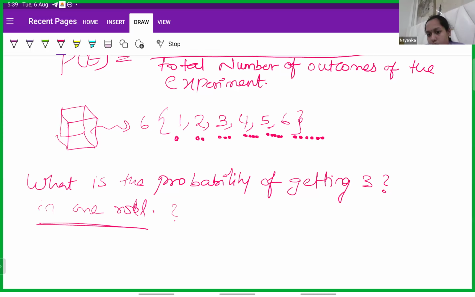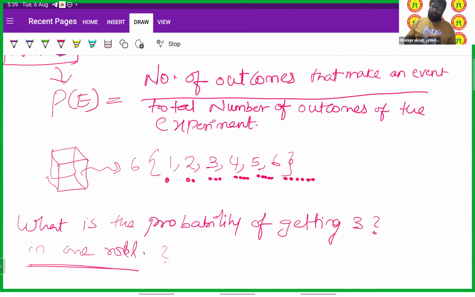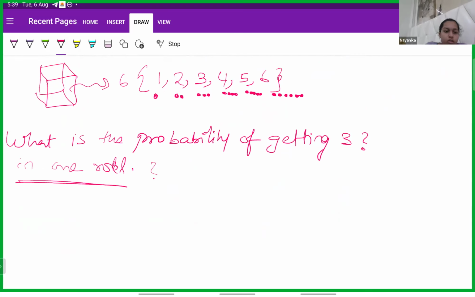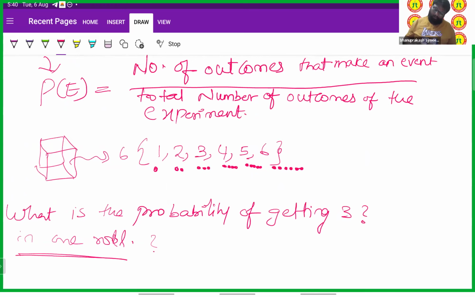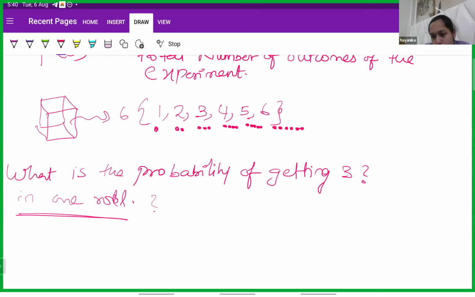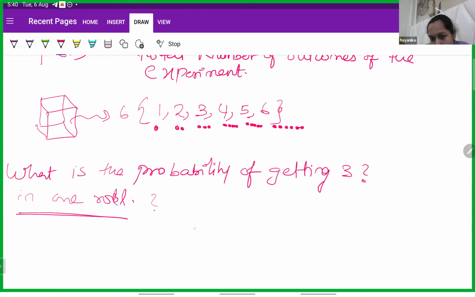Wait. So if you see here, the number of outcomes that make an event. If you want to get 3, what is the probability here to get 3? Only one chance, no? Yes or no? Yes, sir. So the number of outcomes that make an event is 1.